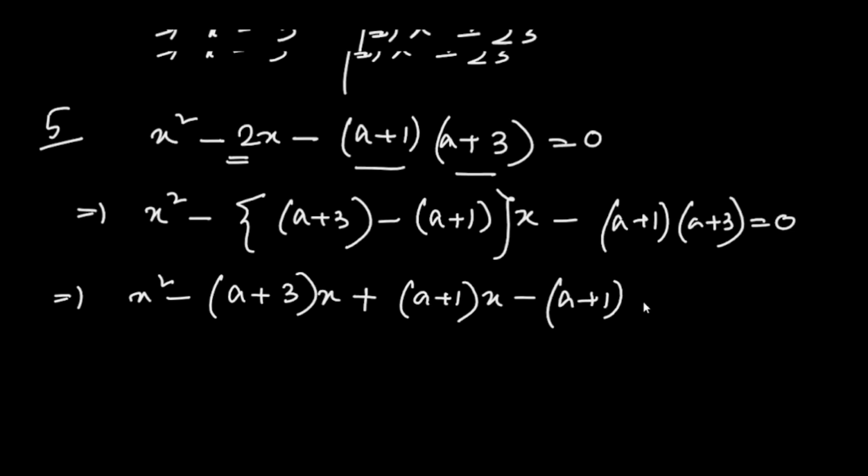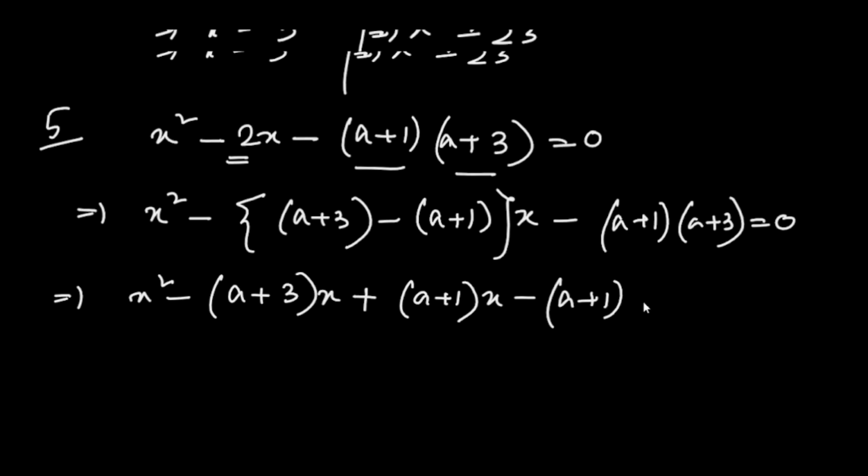If I take the first part equal to 0, x + a + 1 = 0, I'll get x = −(a + 1). If I take the next part equal to 0, x − (a + 3) = 0, I'll get x = a + 3. So x equals −(a + 1) or a + 3.